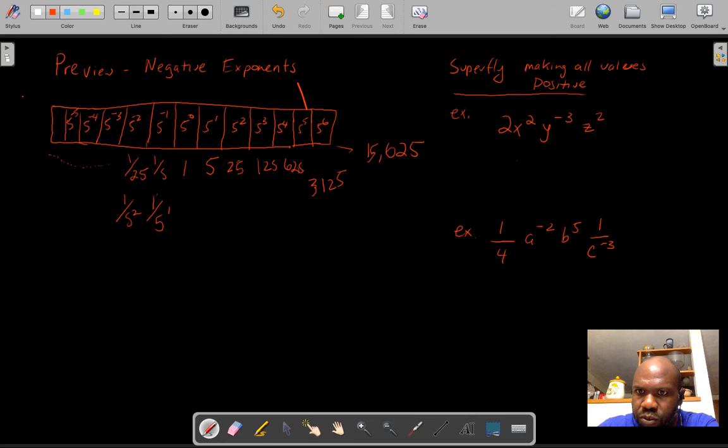So let me rewrite this. It's basically 2x squared, and then we're going to go z to the 2, and then we're just going to put that over y to the third.